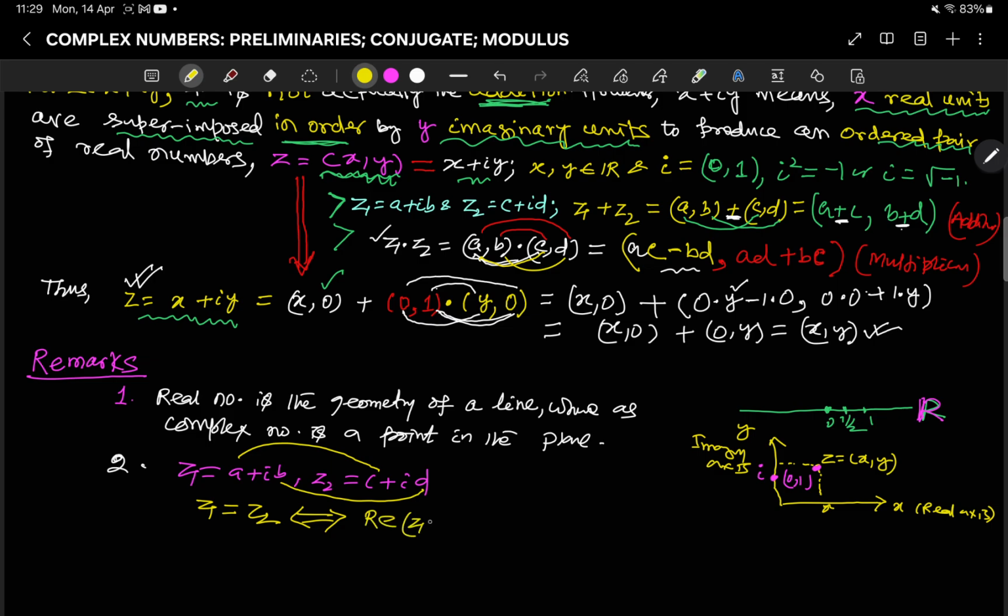Here real z1 is equal to real z2 and imaginary z1 is equal to imaginary z2, right? If real and imaginary parts are equal, then only they are equal. So that means here we can say a is equal to c and b is equal to d.